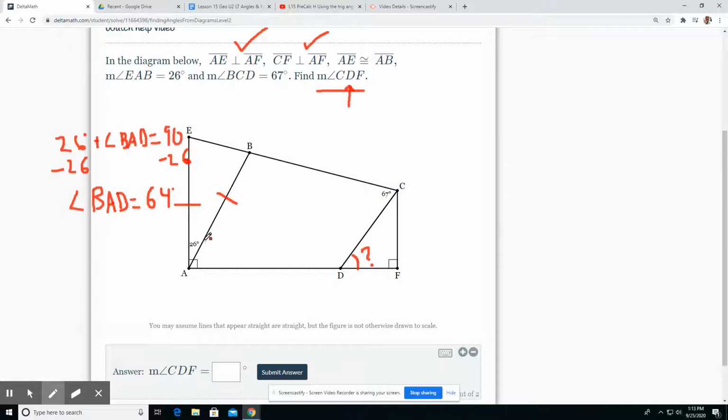So this one right here is 64. Okay. What else can we do?